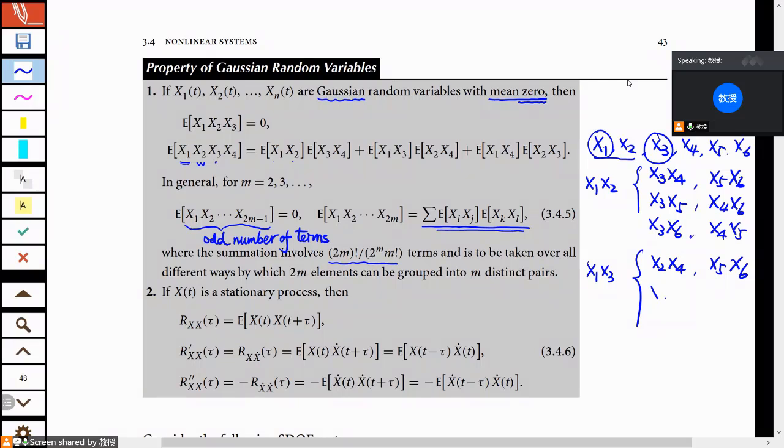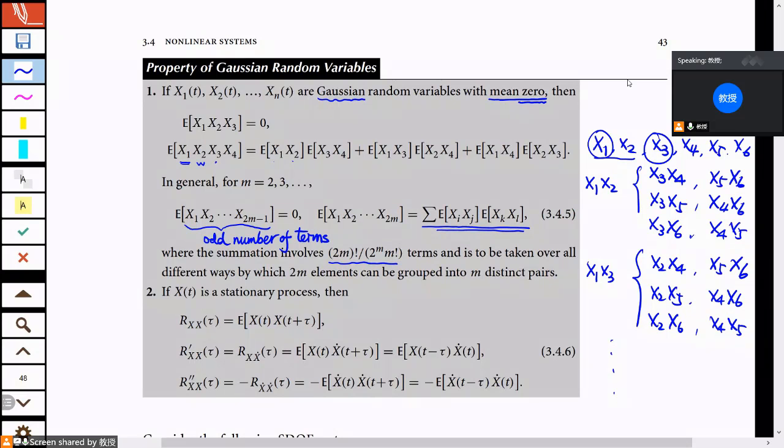Then you have 2, 5, then you have 4 and 6. Then you have 2, 6, and then 4 and 5. Okay, and so on. So quite a few terms involved.